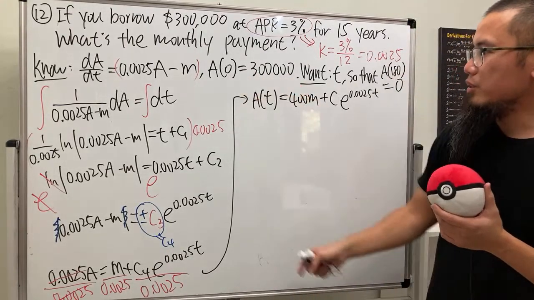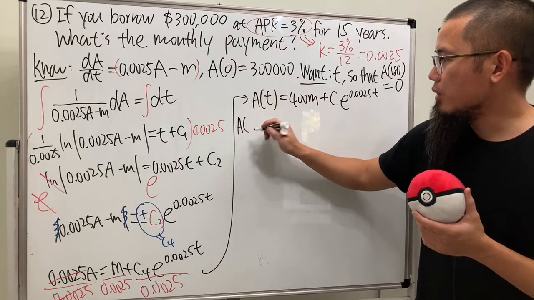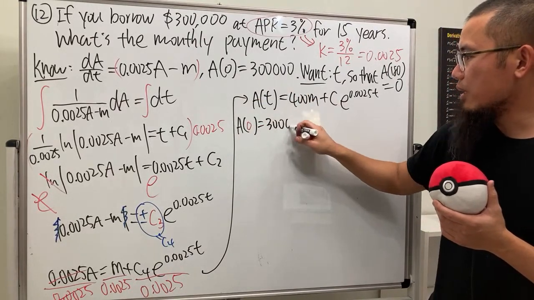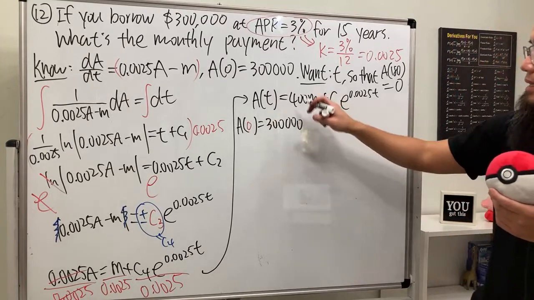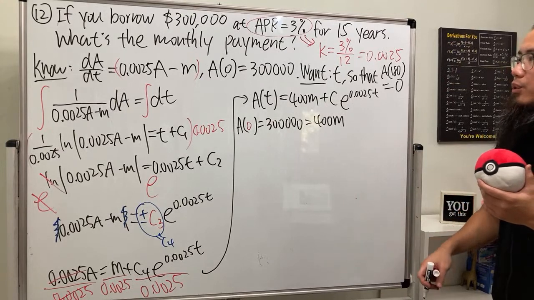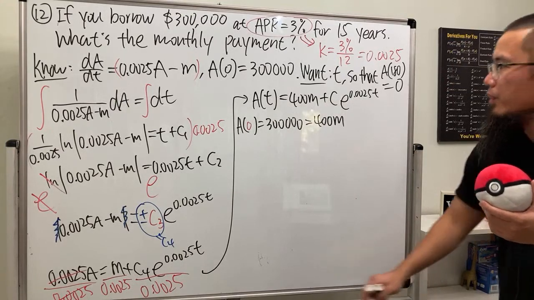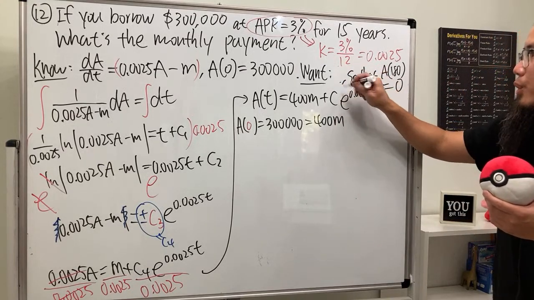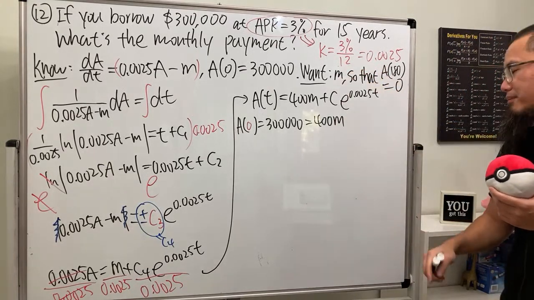Okay, initial condition. We know A of 0 is equal to 300,000. That's equal to 400M. Wait, we don't want t, we want M, sorry. We know t already, we want M. Yeah, but anyway.